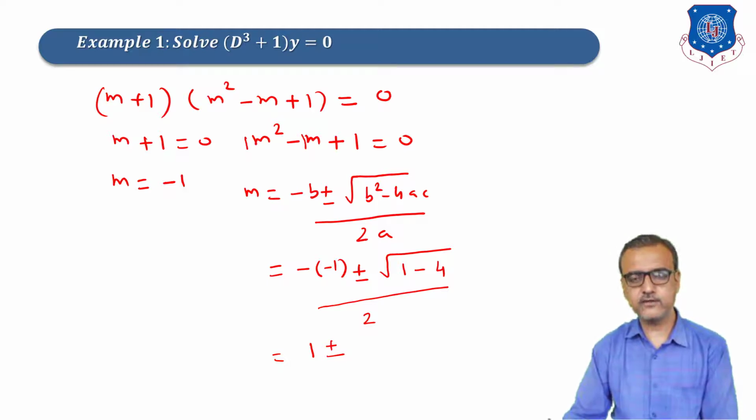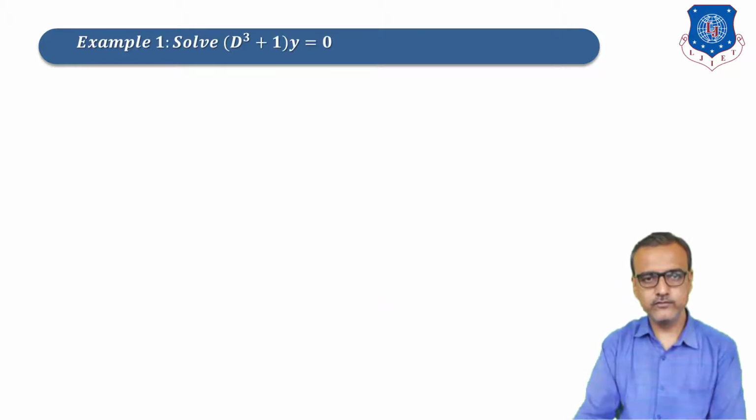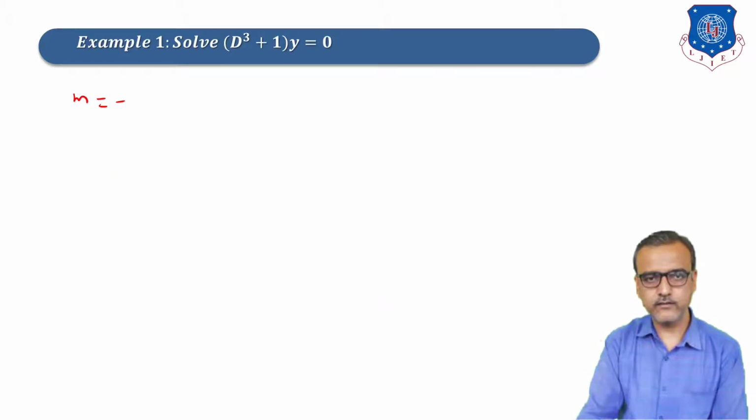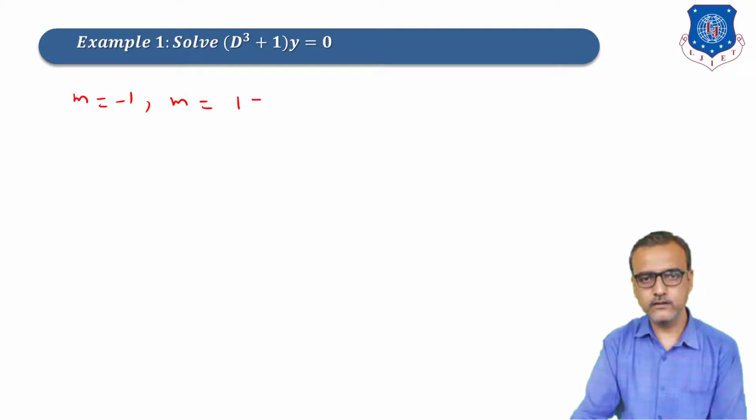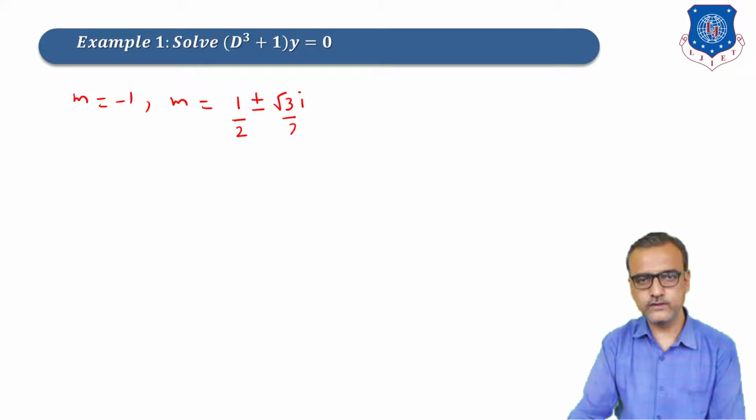And minus 3 is nothing but 3 into minus 1, and minus 1 is i square, the complex number iota, divided by 2. So m equals minus 1 and m equals 1 plus minus root 3 i over 2, that is 1 by 2 plus minus root 3 by 2 i.